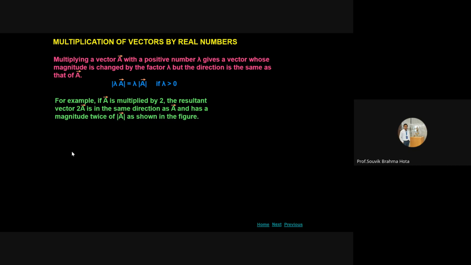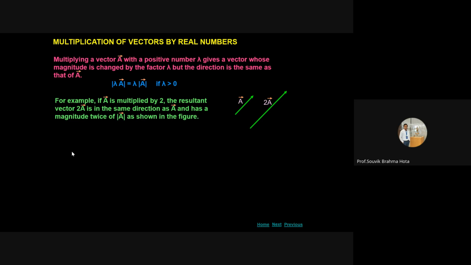For example, if A is multiplied by 2, the resultant vector 2A has the same direction as A vector and a magnitude twice that of A vector. 2A means magnitude twice, direction is the same. Here you see A vector, and the other green line is 2A vector.